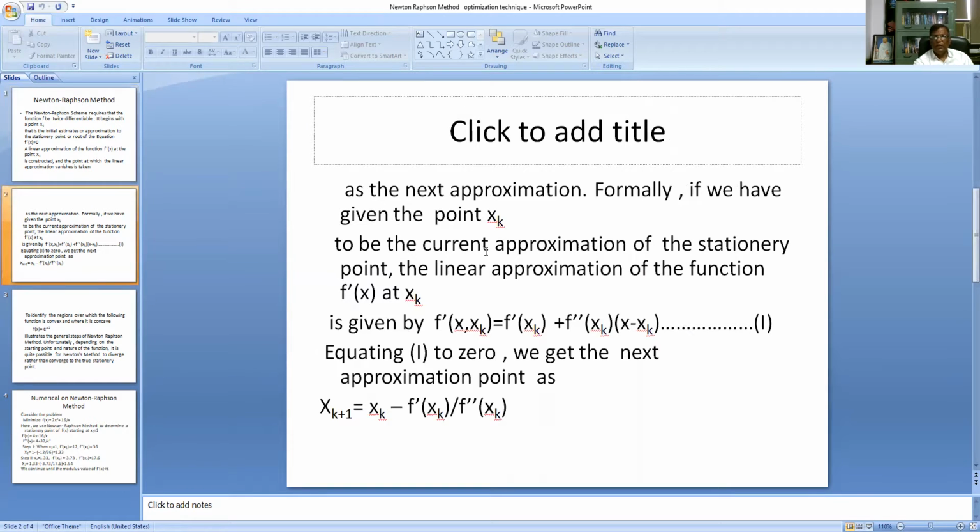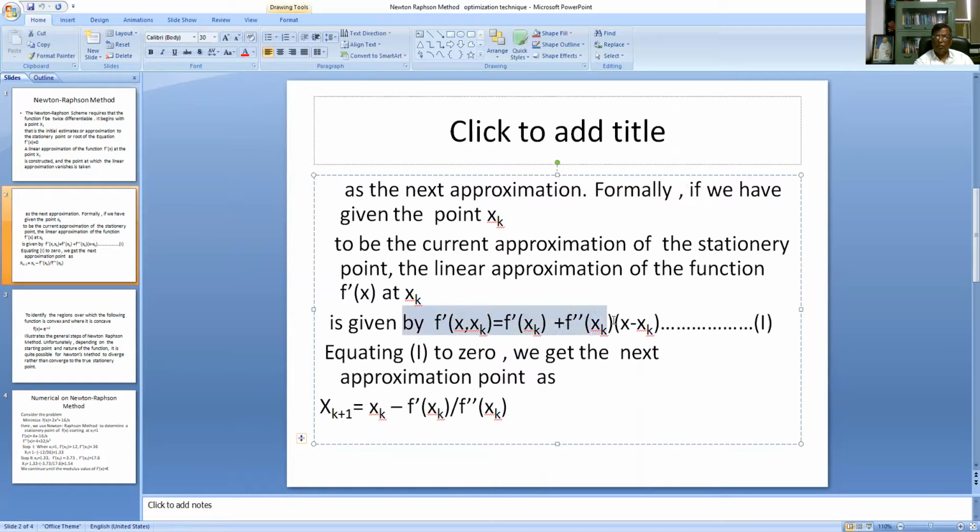So to be the current approximation of the stationary point, the linear approximation of the function f dash x at xk is given by, this is the beauty, this is the actual work of Newton-Raphson, and this function, you should remember, f dash x comma xk is equal to the differentiation of this function at the point xk.